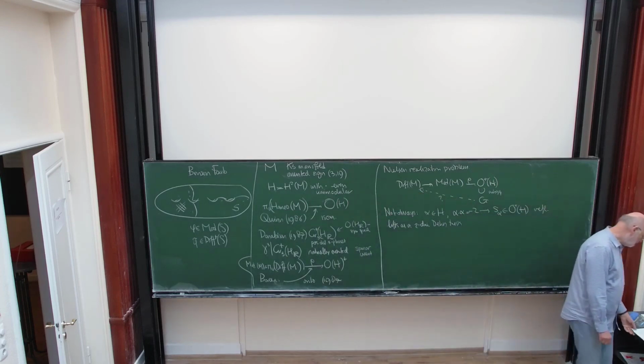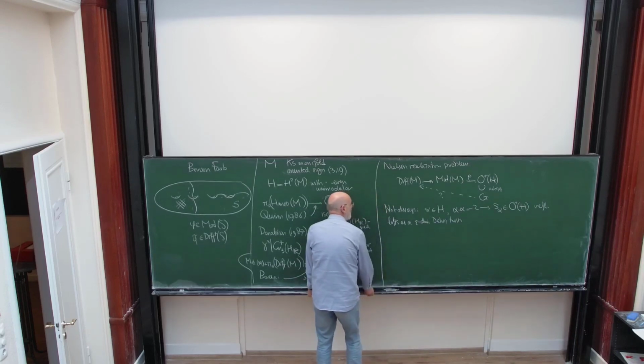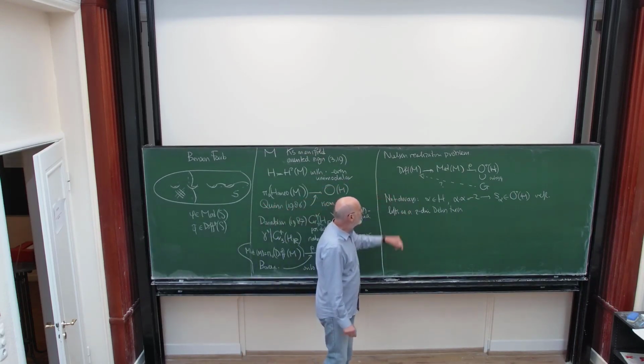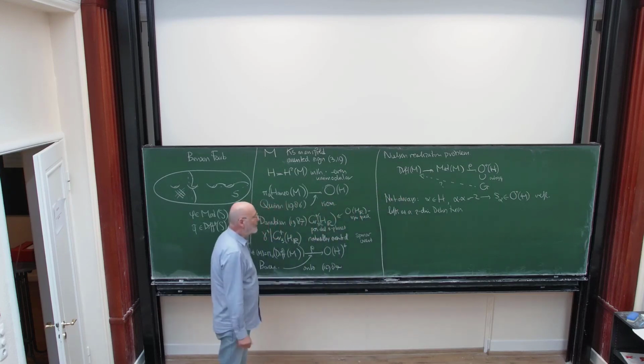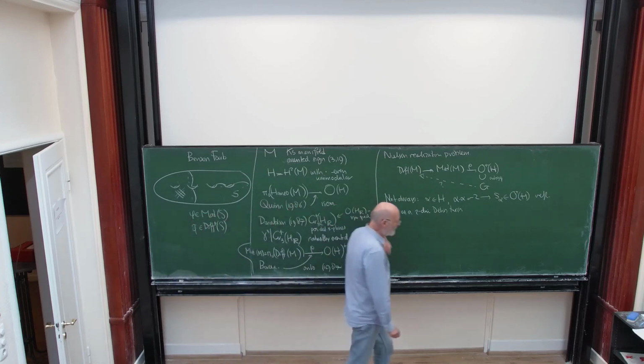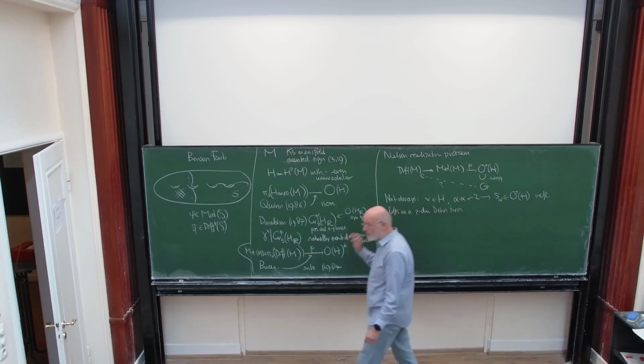So that doesn't work. Benson and I studied that question, and we were not complete in our discussion, but we could identify a lot of finite groups for which it's possible.